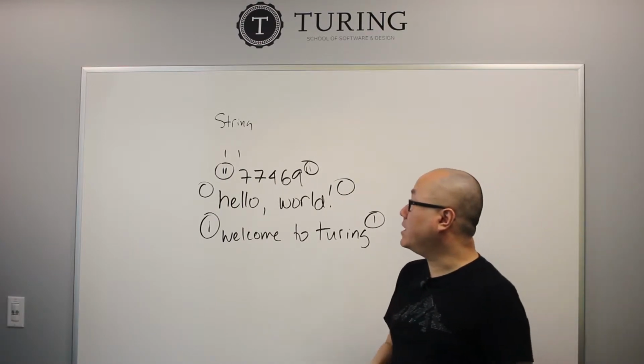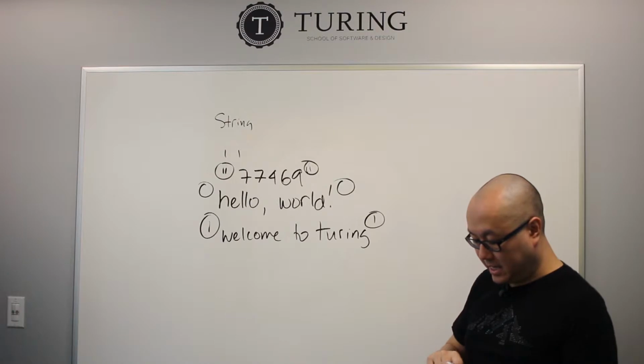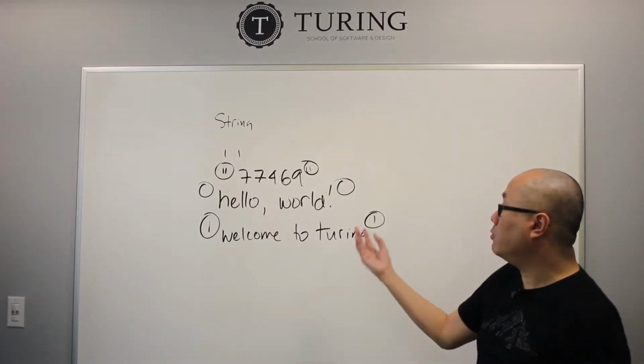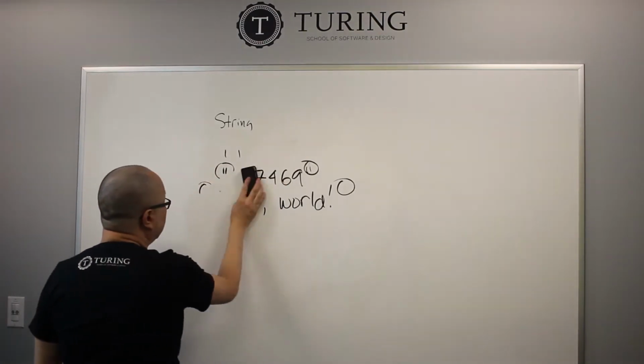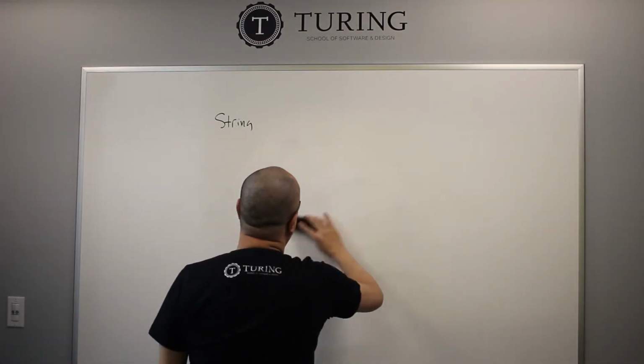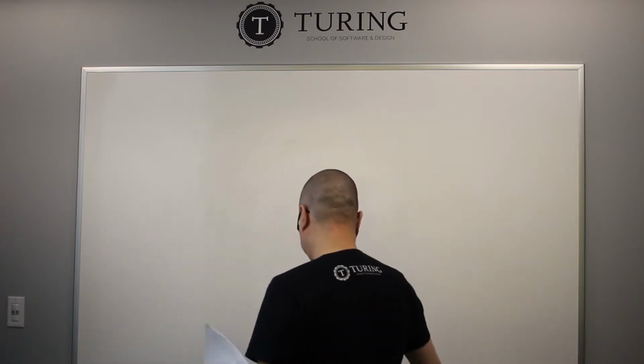So now that we've defined what a string is, let's see what we can do with strings, how we can manipulate them. And the first thing we're going to look at is this idea of substrings.